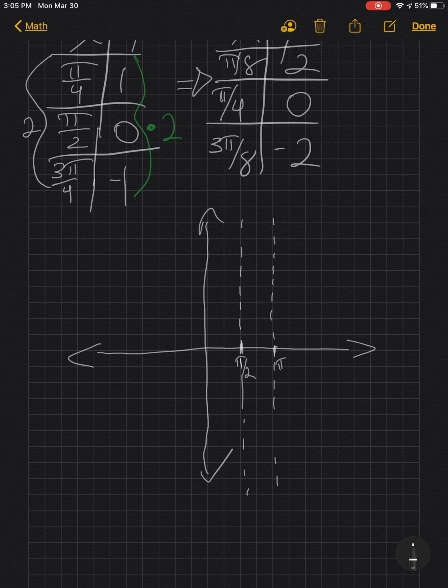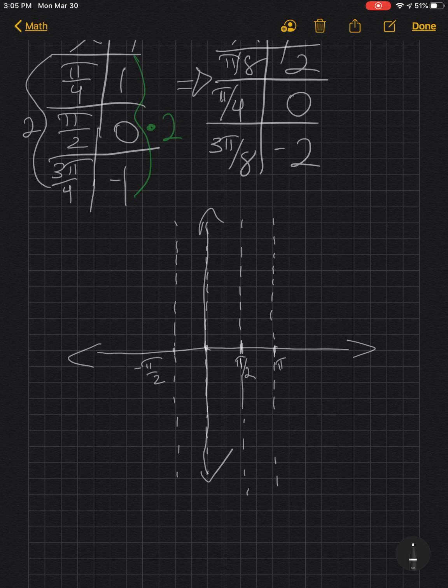Okay? Now here at 0, that would be from 0 to pi over 2. That's a period. So 0 is again a vertical asymptote. And let's just do one more. Negative pi over 2. That is another vertical asymptote, right?